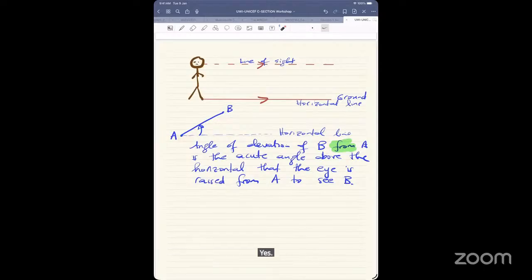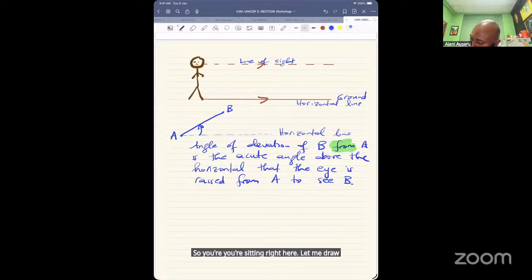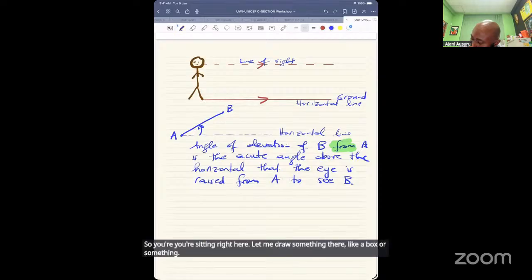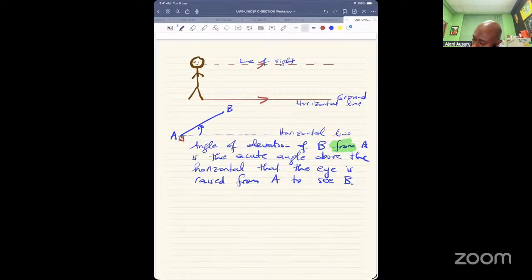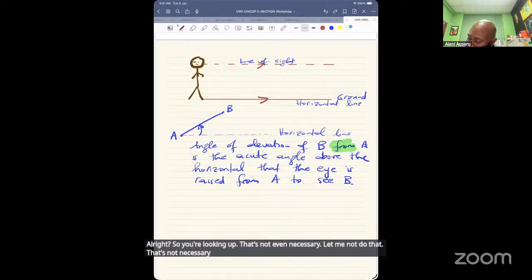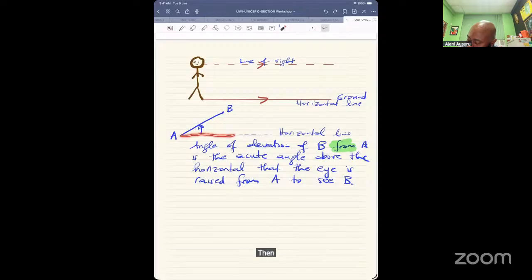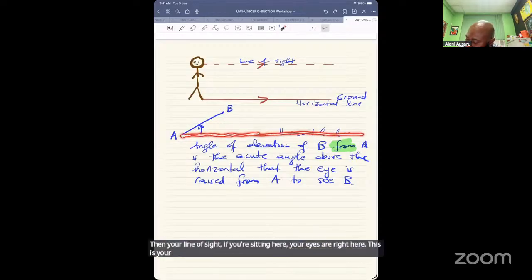Sir, can you repeat, please? So you're sitting right here. You're sitting at A and you're looking up at B. Then your line of sight, if you're sitting here, your eyes are right here. This is your line of sight, which is the same as the horizontal line.